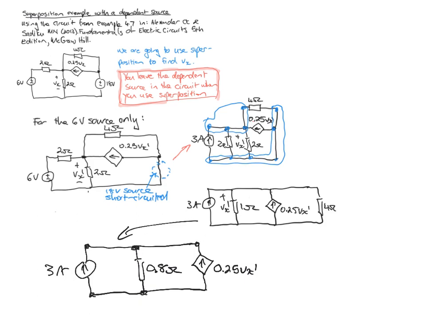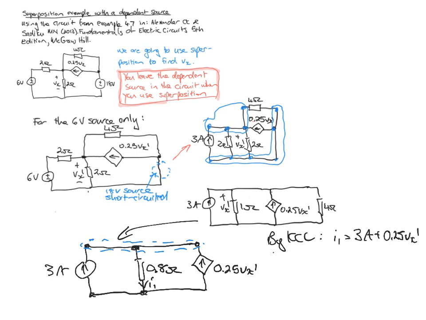So you see, circuit analysis is like magic, because now if we look at the top node over here, let's call this current I1. Then by Kirchhoff's current law, we've got I1 flowing out of that node, and that must be equal to 3 amps plus 0.25 Vx dashed.